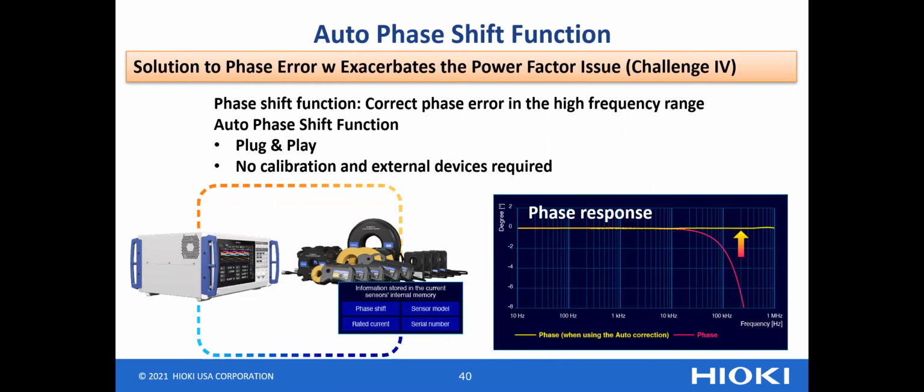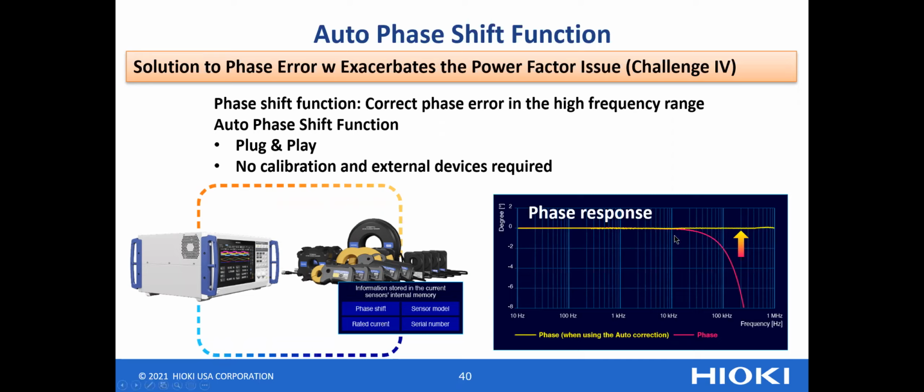This function is 100% automatic. Once you connect the current sensor to the meter, this function works immediately. So it is a plug and play function, no calibration and no external device are required.